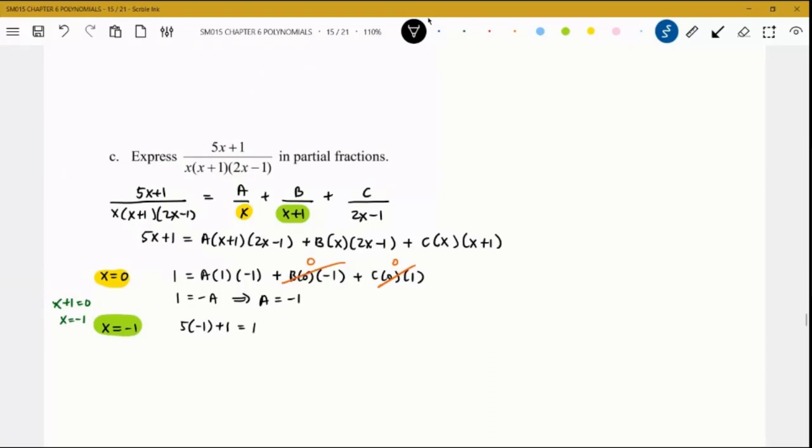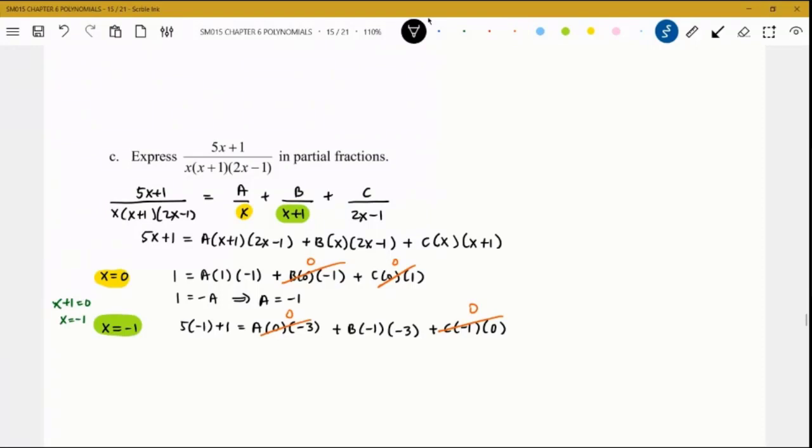On the right hand side, we have A, 0. And then here will be negative 3. B, negative 1. And then here negative 3. C, negative 1 and then 0. So ini adalah kosong. Ini adalah kosong. So yang tinggal hanyalah untuk B.